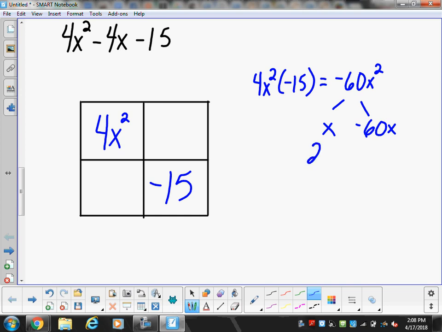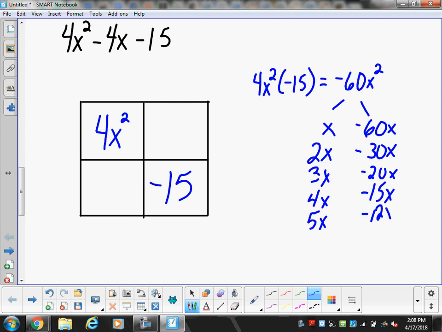Okay? 2x goes with negative 30x. 3x goes with negative 20x. 4x goes with negative 15x. 5x goes with negative 12x. 6x goes with negative 10x.